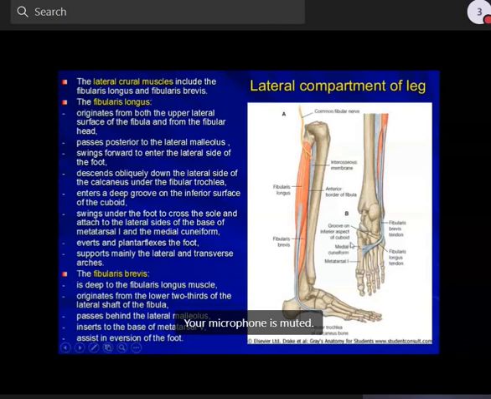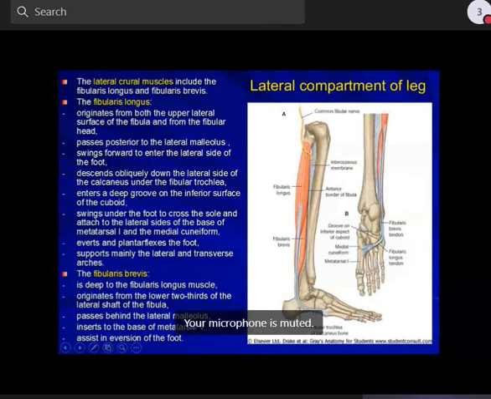Apart from plantar flexion, peroneal muscles are responsible for eversion, so elevation of the lateral border of the foot.